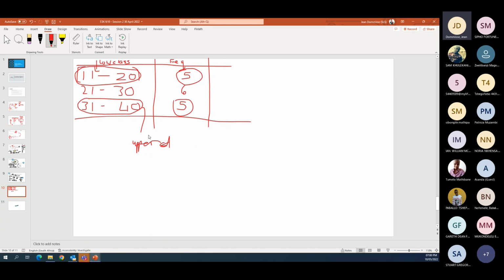So what they could have asked you, and let's rephrase it because it's difficult to ask this in a multiple choice question. Those 5 ages could have been something like that, there could have been 6 ages there, there could have been 5 ages there. They could have asked you, how are you going to divide it into classes?